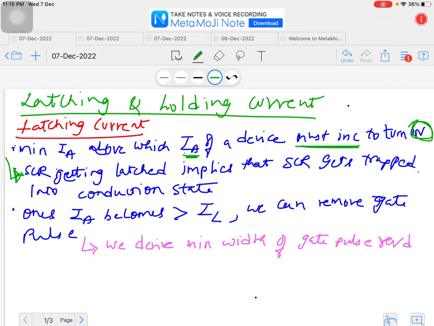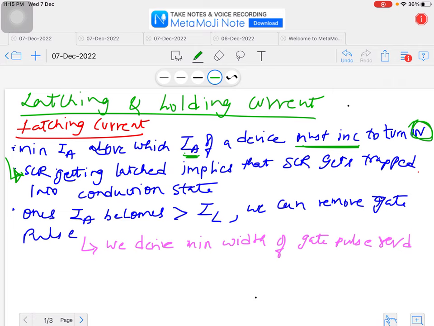That is why SCR is called a latching device, because it gets trapped into the conduction. We can derive the minimum width of the gate pulse that is required to turn on the SCR for conduction state, after which you can remove the gate pulse.